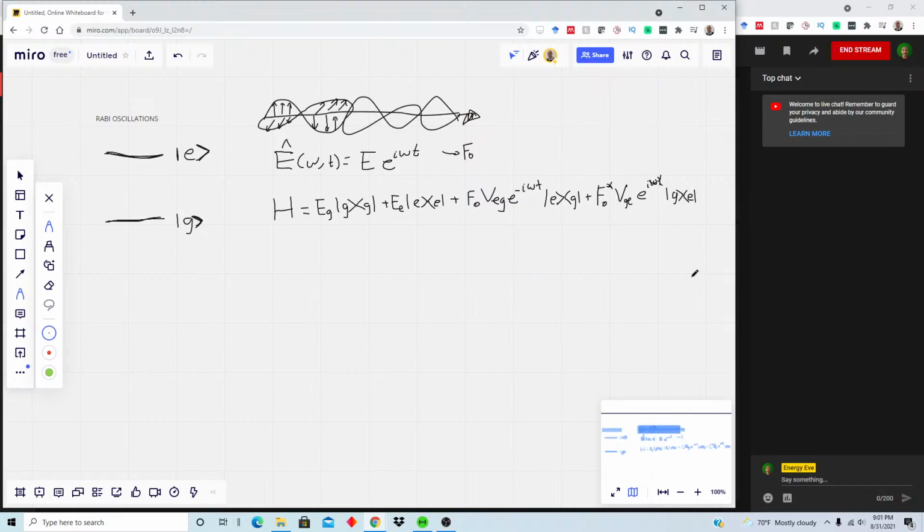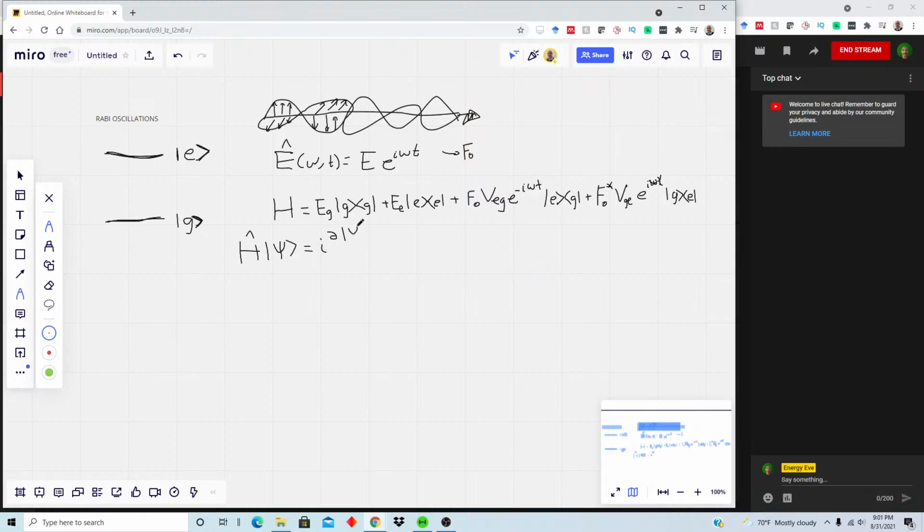And so for this problem, we want to work out the Schrodinger equation, which will look something like this. The time dependent one.